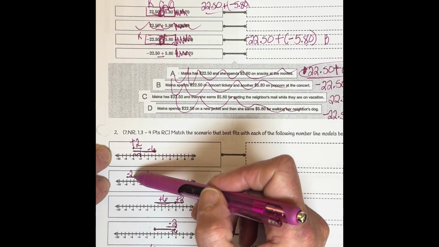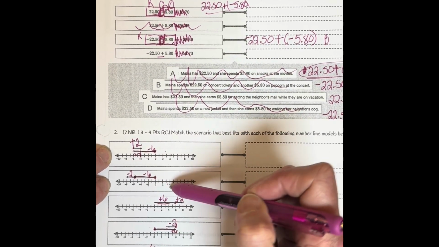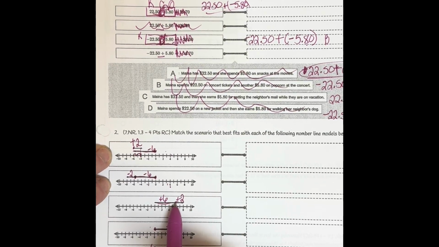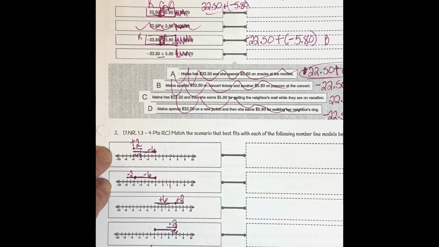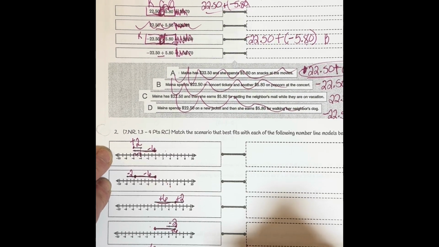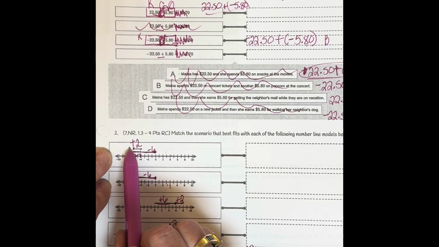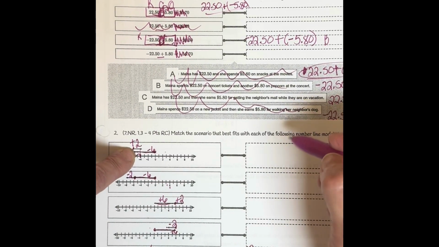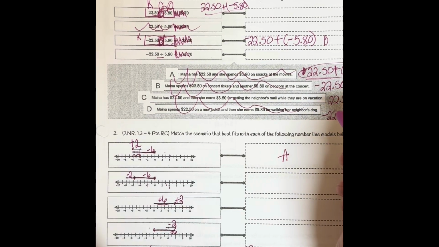But not these, because we start at 0 and go forward 6. Then he wins 2 tokens. So he goes back 6, and then he wins 2 tokens, and then plus 2. So we're going back 6, and then forward 2. So this is going to be the answer for that one.